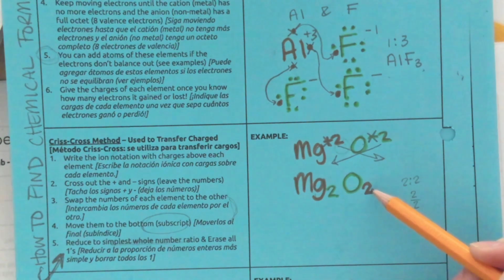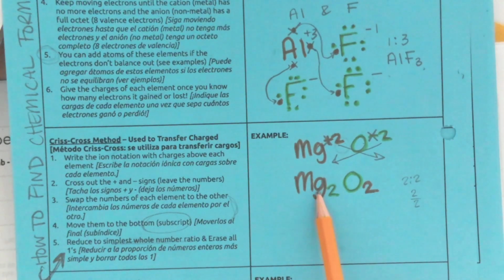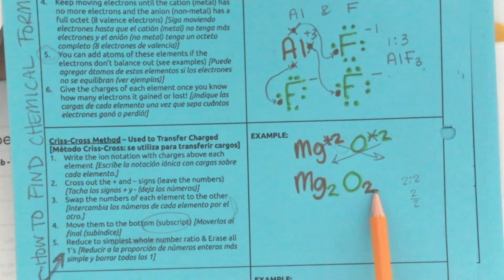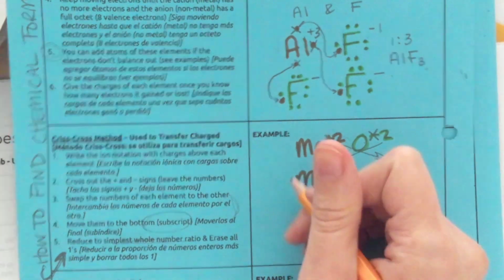And when you have the same number, that means that for every 2 magnesiums, you have 2 oxygens. That's the same thing as saying for every 3 magnesiums, you have 3 oxygens, or for every 1,000,000 magnesium, you have 1,000,000 oxygens, or for every 1 magnesium, you have 1 oxygen.